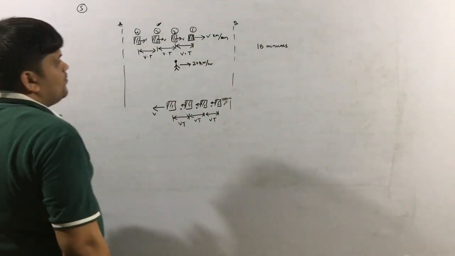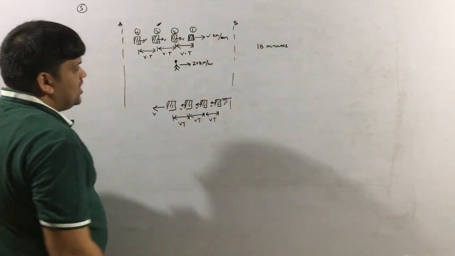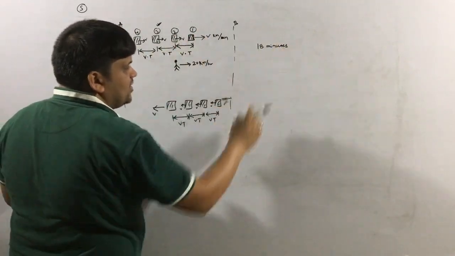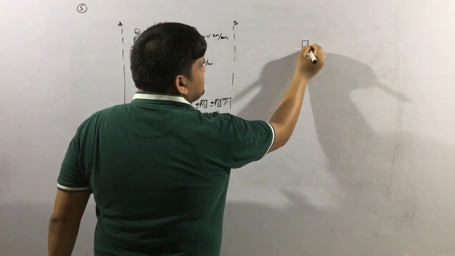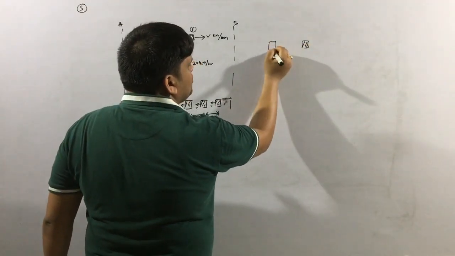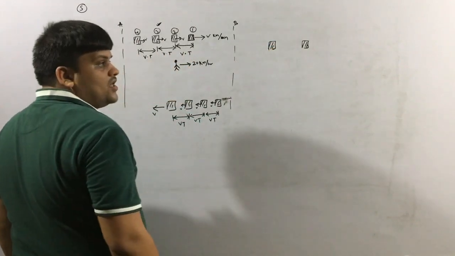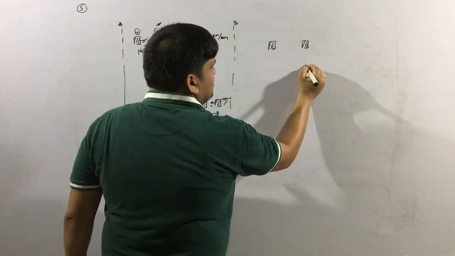Now forget about all these things. Let me simplify the diagram like this. There are two buses, forget about all the other buses. The cyclist is here.